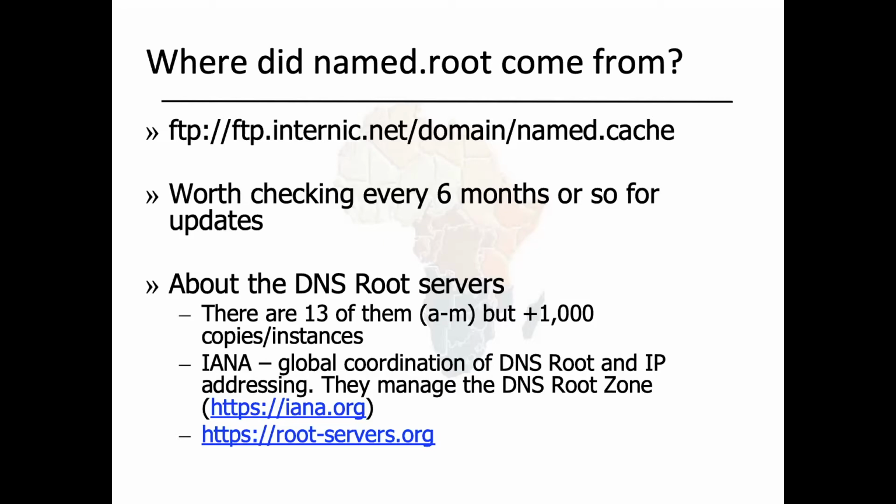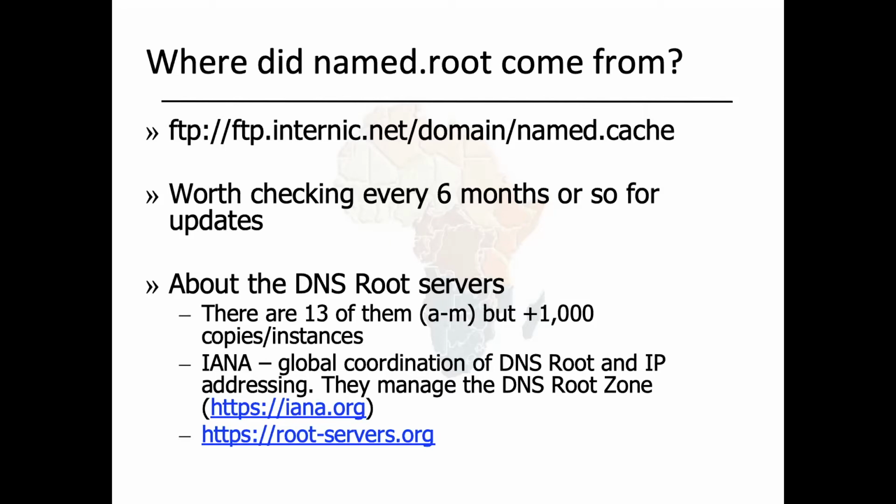I won't get into a lot of detail about the RFCs behind that, but there are 13 because when the standards behind DNS were being formed, the UDP packet limit was 512 bytes, and it was not possible to add more than 13 name servers on the internet system. However, even though there are 13 of them, there are several copies or instances of those 13 name servers.